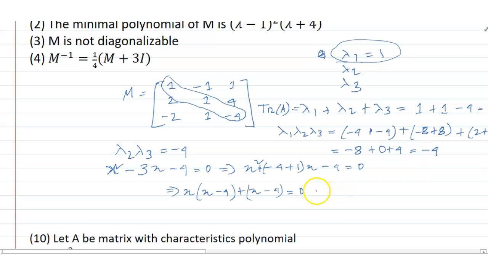So I get x equal to minus 1 and x equal to 4. So lambda 2 is equal to minus 1 and lambda 3 is equal to 4.